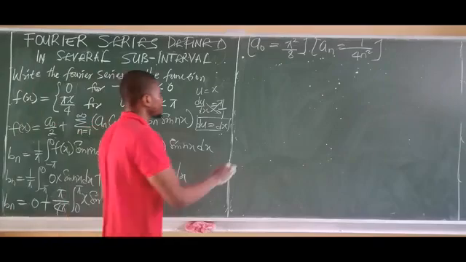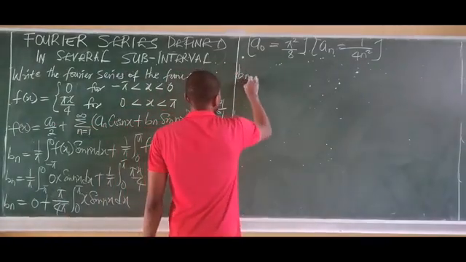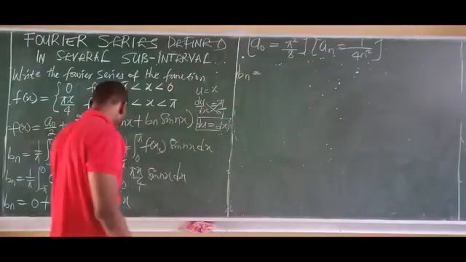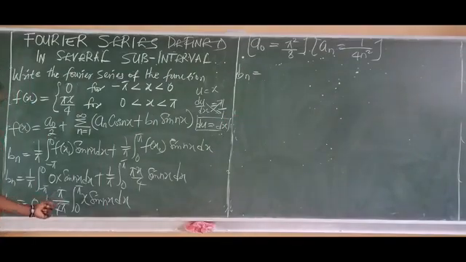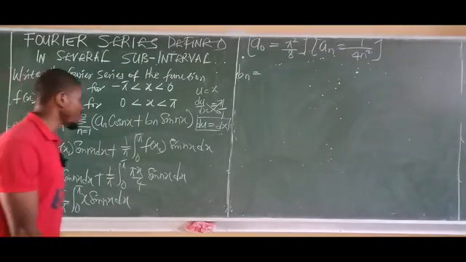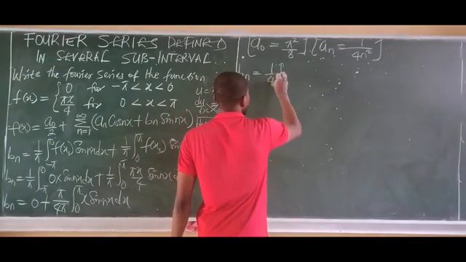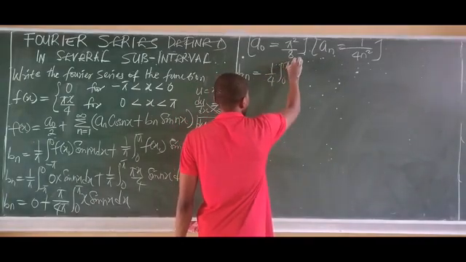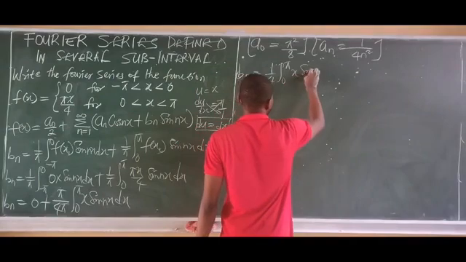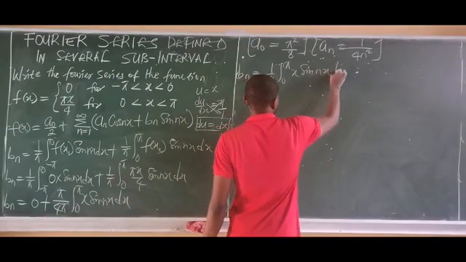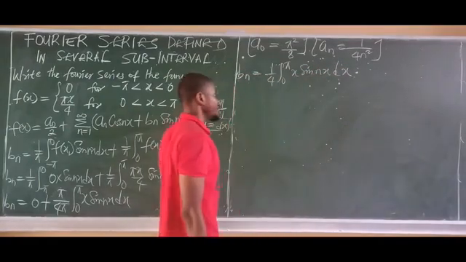So which means that bn is equal to, of course, 0 here is off. Pi goes into pi is off. So I have 1 over 4 there. Bn is simply 1 all over 4 integral from 0 to pi of x sine nx multiplied by dx.